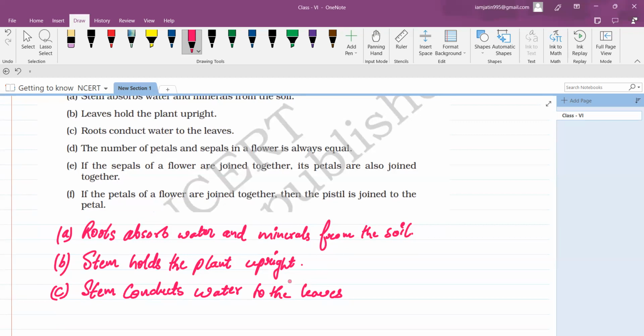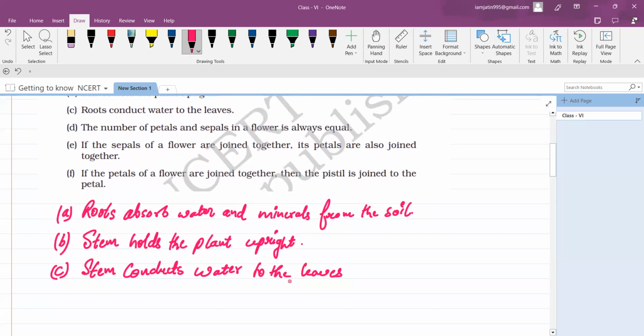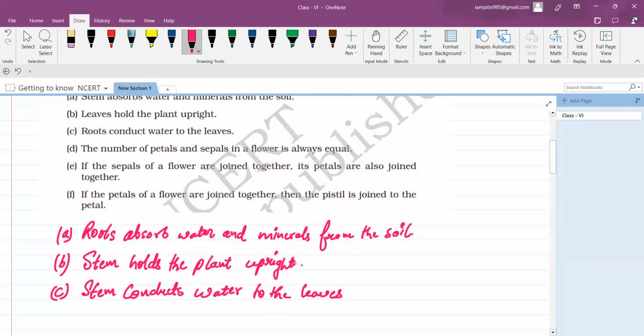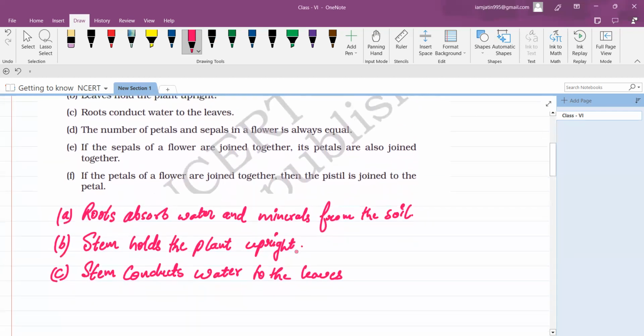The number of petals and sepals in a flower is always equal. That's not correct. The number of petals and sepals in a flower may or may not be equal. That's not always compulsory, they are not always equal.